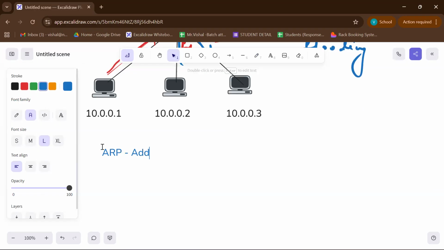ARP stands for Address Resolution Protocol.